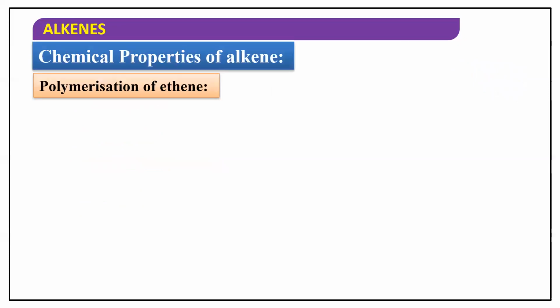Coming to the last part of the properties, polymerization of ethene. If I look at that word, poly means many, mer means unit. So many units form a polymer.